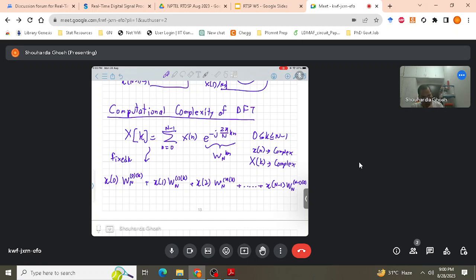So how many multiplications are there? We have n complex multiplications, and correspondingly we have n minus 1 complex additions.